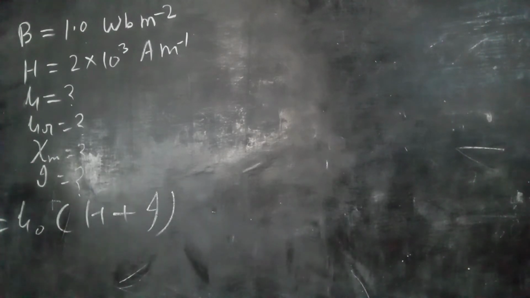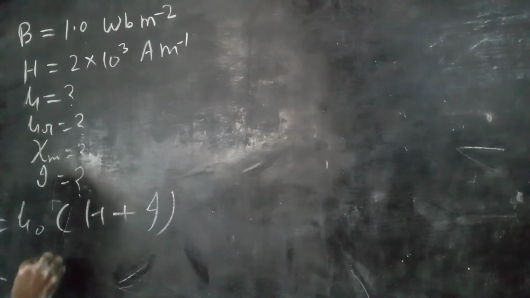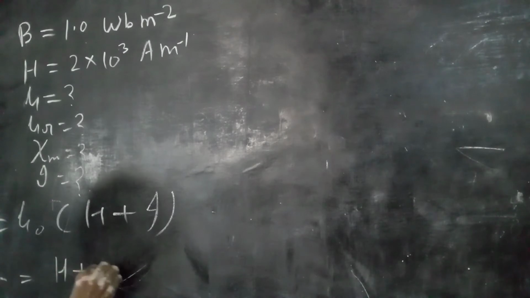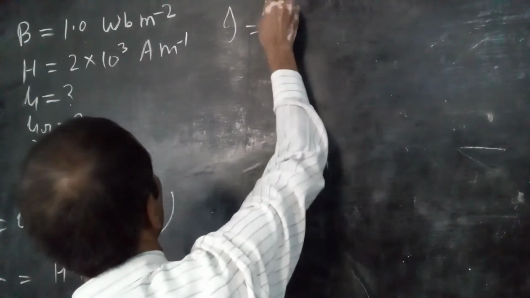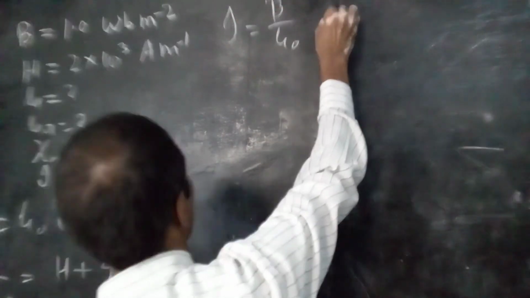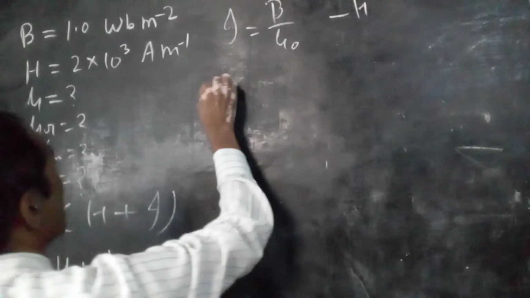With this relation you can find I. So B upon mu0 is equal to H plus I. So I is equal to B upon mu0 minus H.